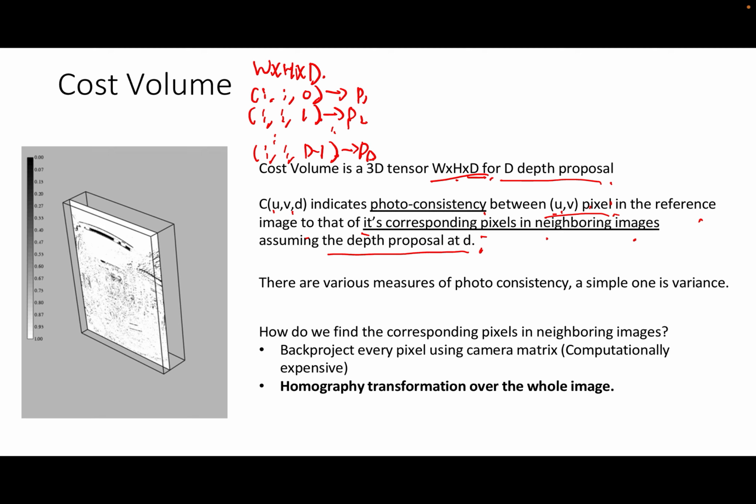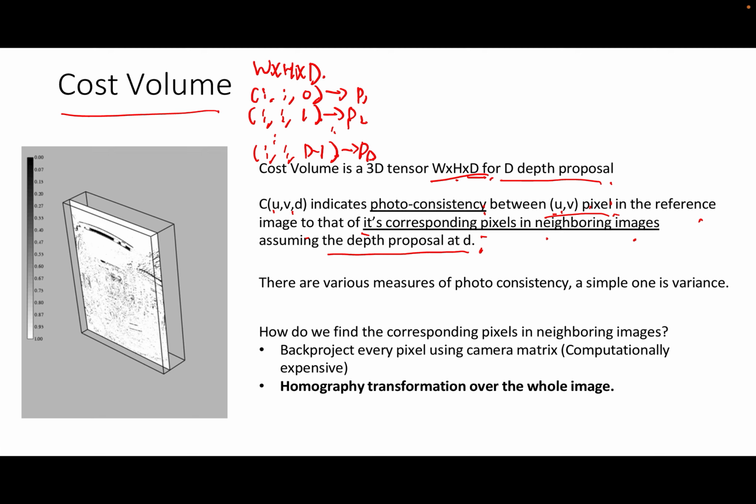If photo consistency at UV is very small, then it is very likely that the depth value is wrong, right? So the cost volume is just the similarity of all depth planes. And there are measures of photo consistency.